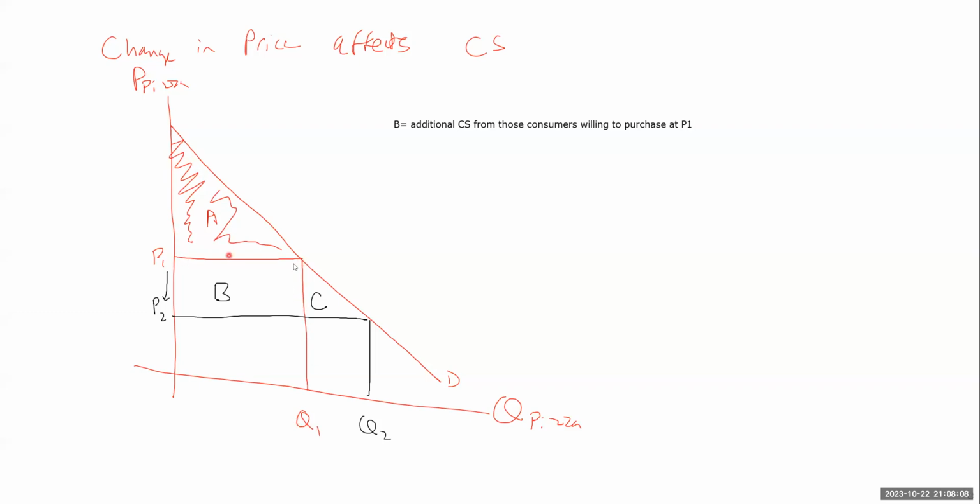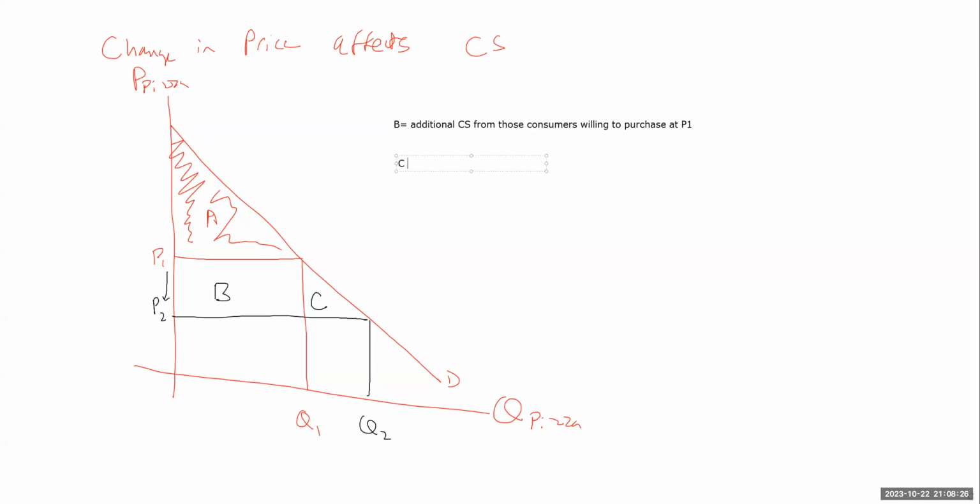They were happy to get A as their consumer surplus. When they went to the store and they saw the price fall, they get more consumer surplus. They get additional kind of happiness. And that's measured by B. Okay, that's what they get.